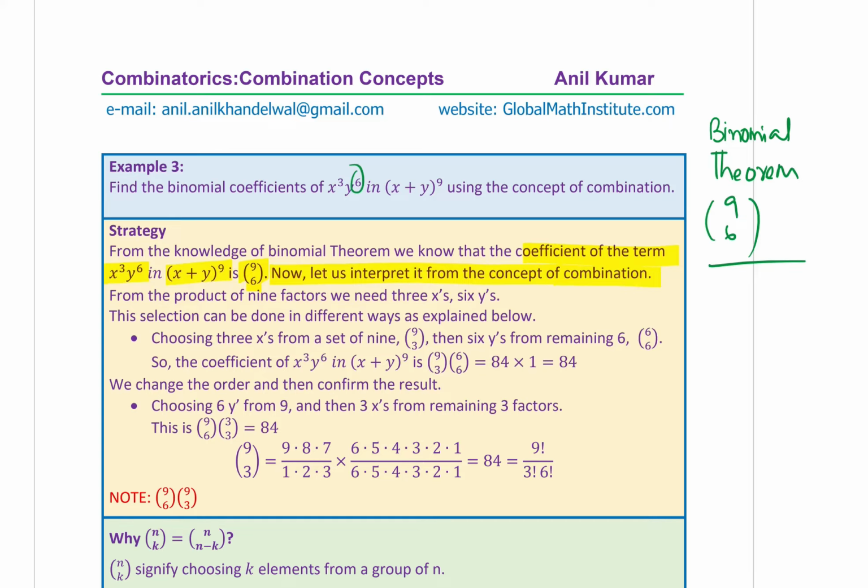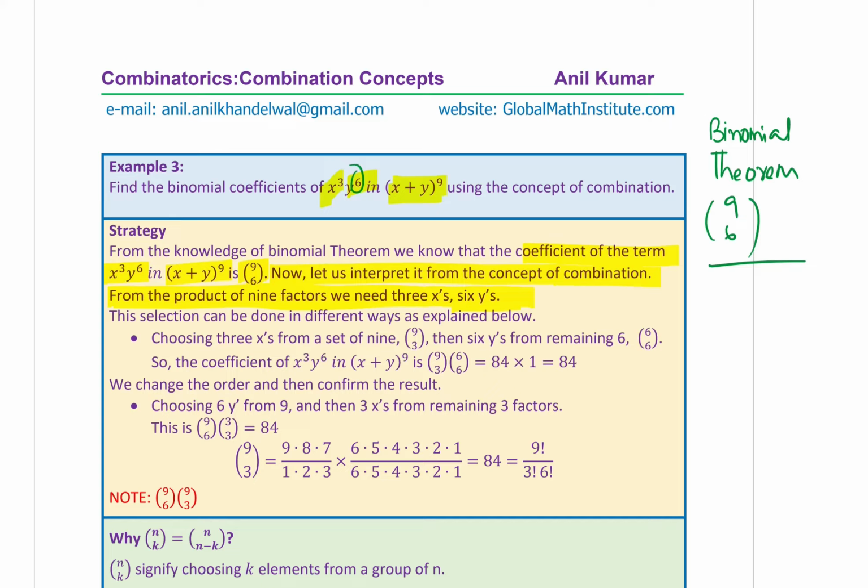Now, look at it. From the product of 9 factors, this really means what? This means (x plus y) times (x plus y) times (x plus y). There are 9 factors. Do you see that? So remember, from the product of 9 factors, we need how many x's? 3 x's and 6 y's. We need 3 x's and 6 y's.